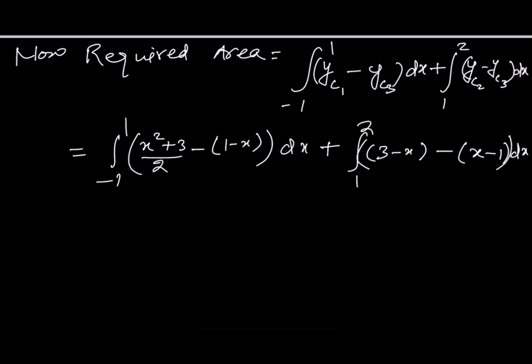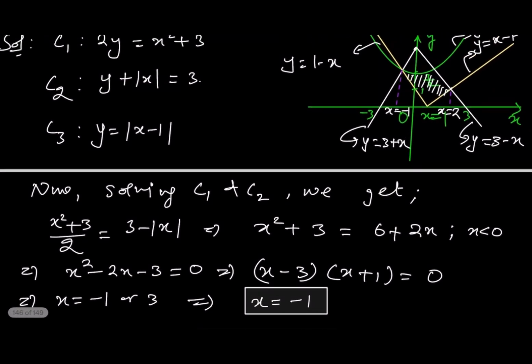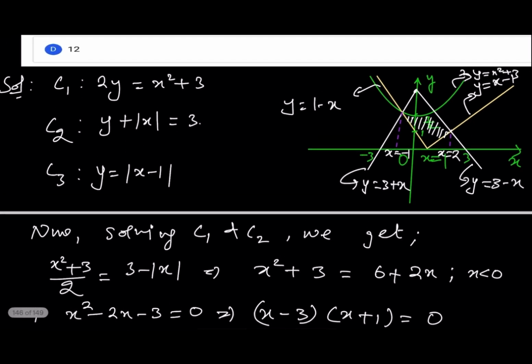Also students, I am mentioning that the x coordinate of the point of intersection of curve 1 and curve 2 is also 1.